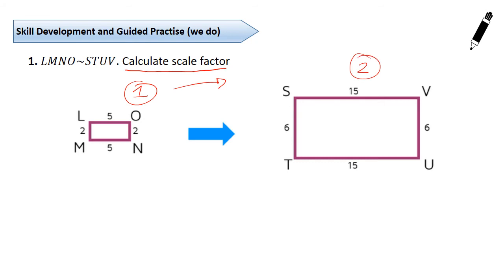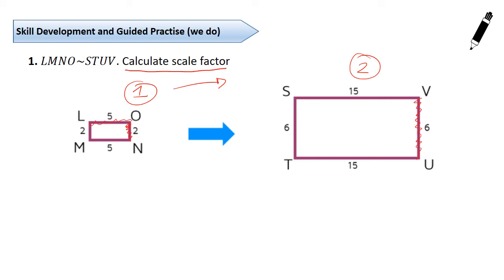You might be able to do this by inspection. You might realize this side over here, ON, corresponds to this side over here, VU. What number might I have multiplied ON by to get VU? And did I multiply every single side by that number?